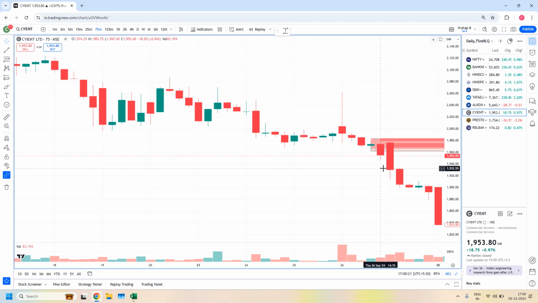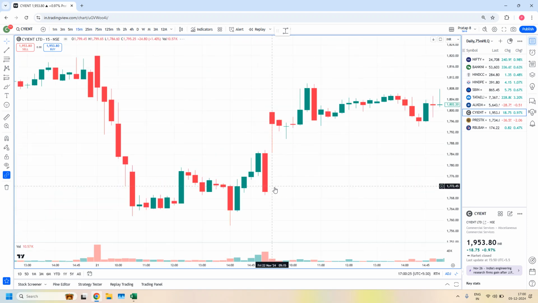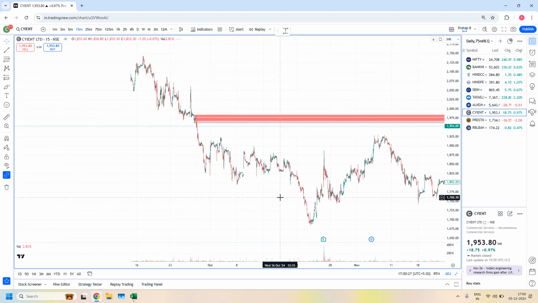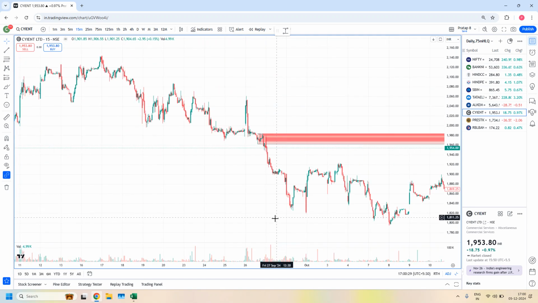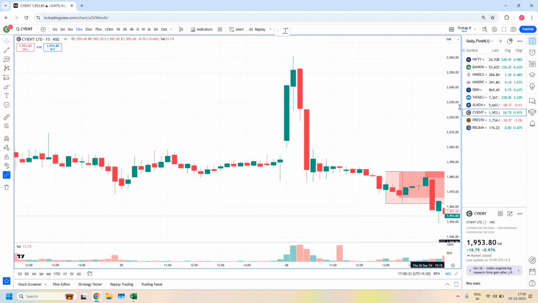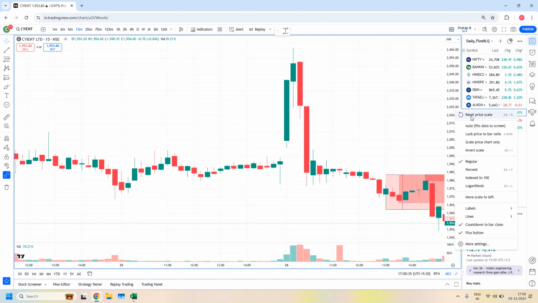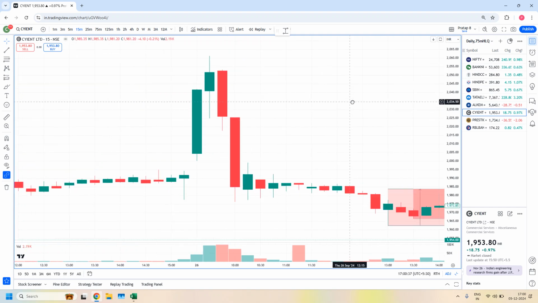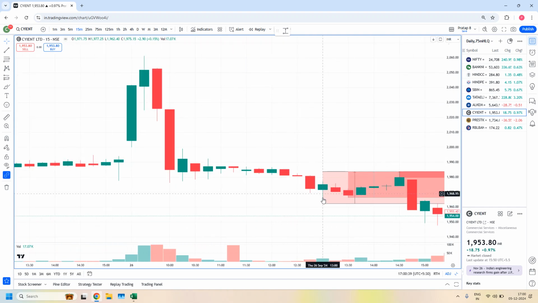So drop, base, drop. This 75 minute supply zone we fine-tuned with the 15 minutes time frame. So this is the ERC candle, rally, ERC candle, because from here it was moving.